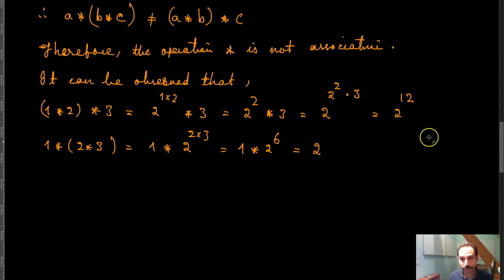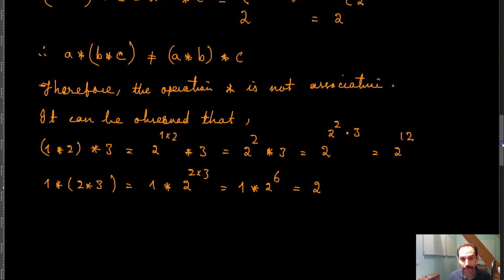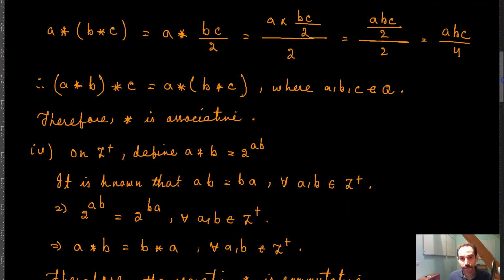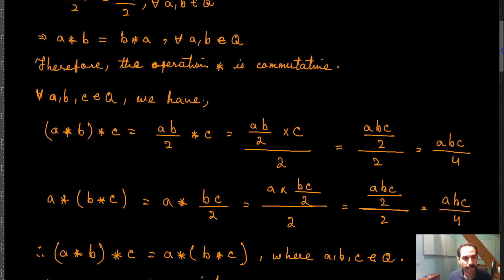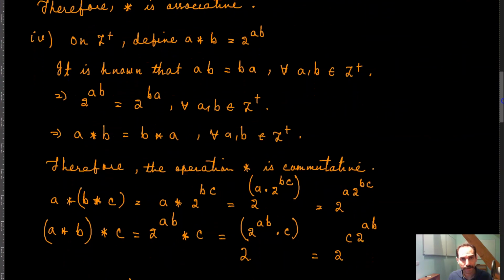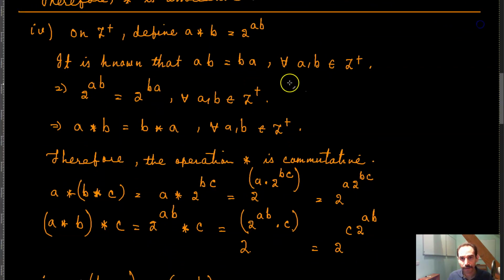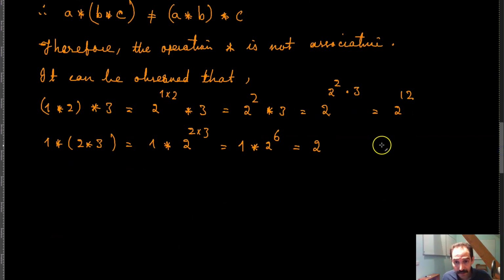Which is the same thing as 2 raised to the power... what was basically the rule that we had here? Okay, so this was the question. So 2 raised to the power 1 times 2 raised to the power 6, which is the same thing as 2 raised to the power 2 raised to the power 6.